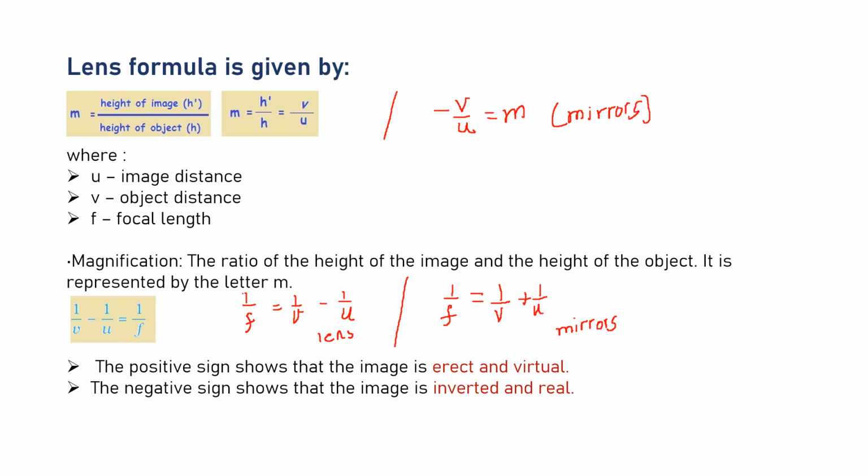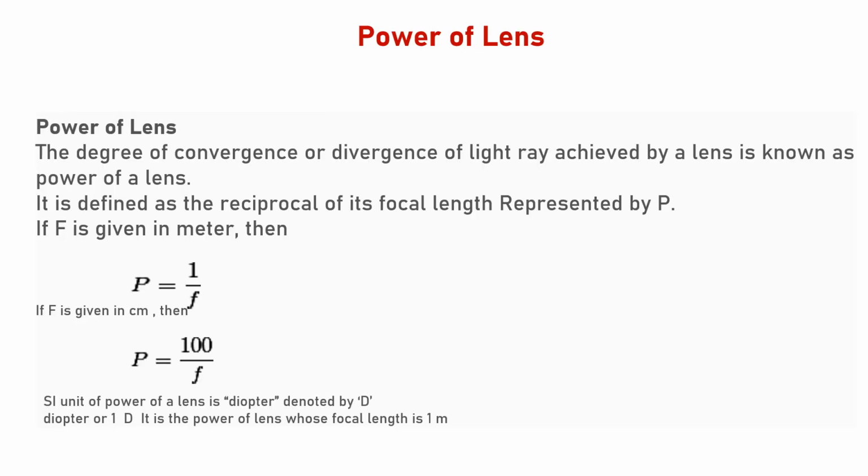Okay, you have to pay attention when you are doing numericals, children. Now let's do the power of lenses. The power of lenses is the degree of convergence or divergence of light rays achieved by the lens. How much the ray is converged, how much the ray is diverged, that is nothing but the power of lenses.